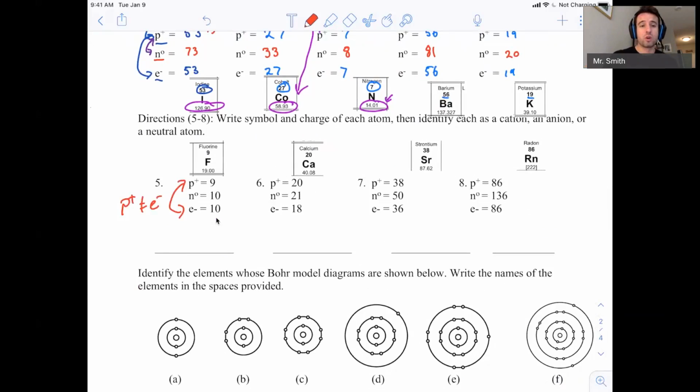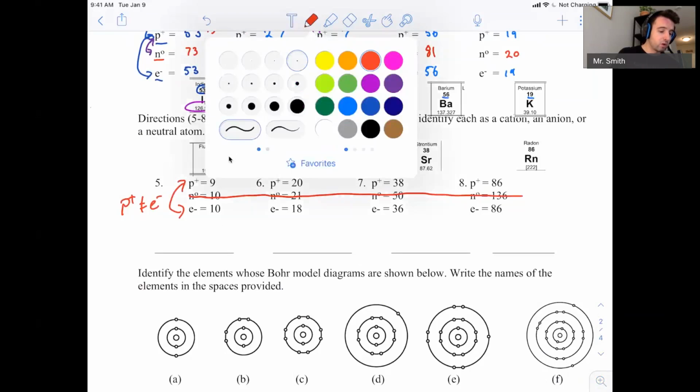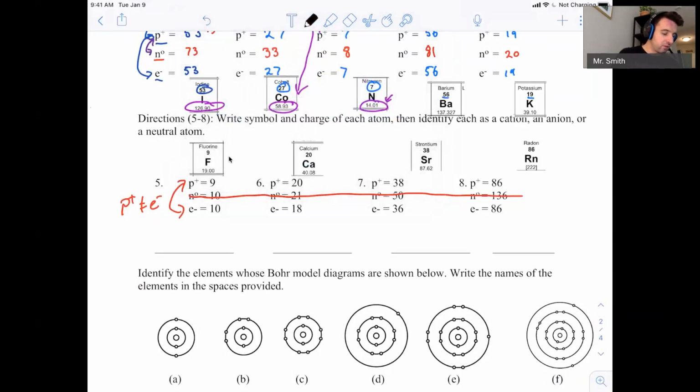We don't really need to look at the neutrons at all here. What I want for the answer, for example for question number 1, will be something like F, which is the symbol, its charge, which is -1, and then that since it's a negative charge, it is an anion, because anions are always negative. So here we're doing nothing with the number of neutrons. That's just extra information.